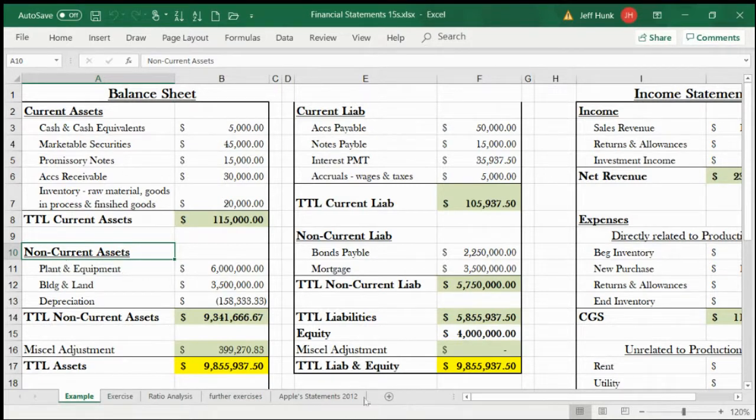And let's assume it's Dell, a computer manufacturer, right? So when they assume that they are starting up from zero, right? Time zero, right? Of course, this is a hypothetical example.